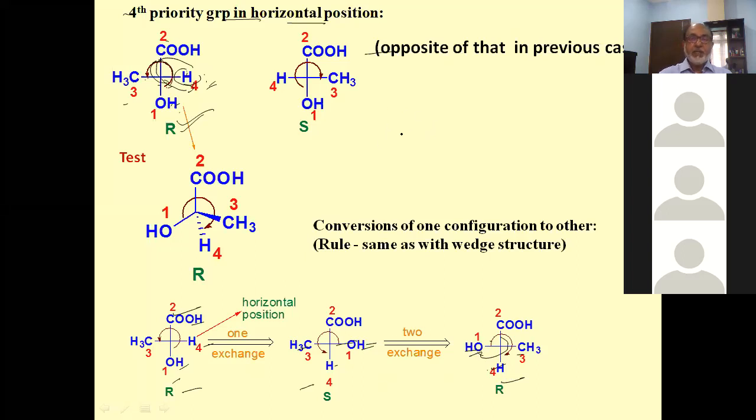And here you see, simple rule. Suppose CH3 is here, H is here, OH is here, and COOH is here.